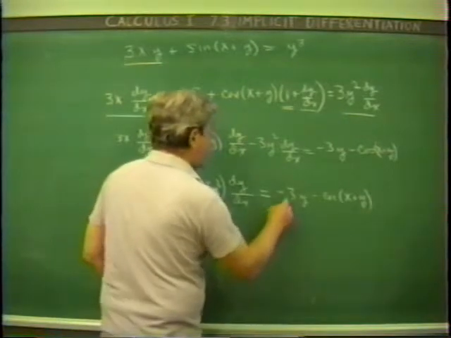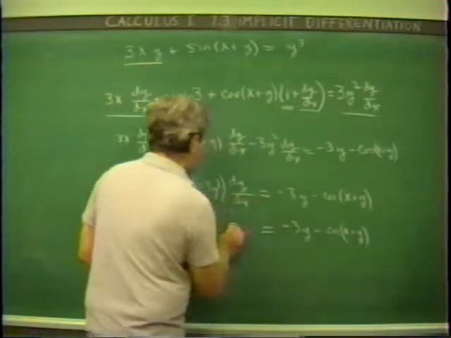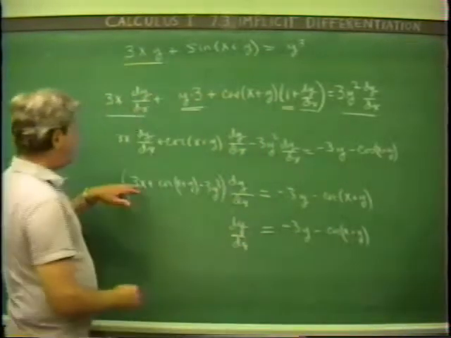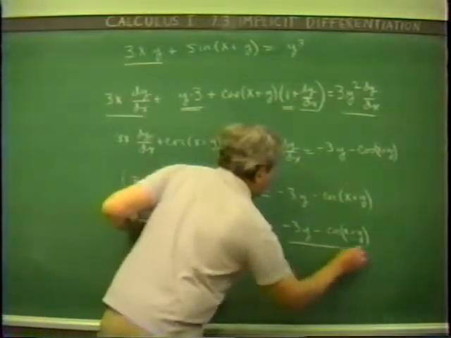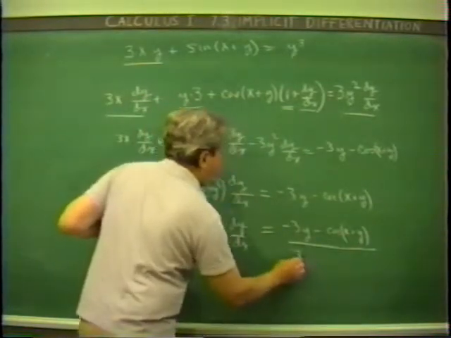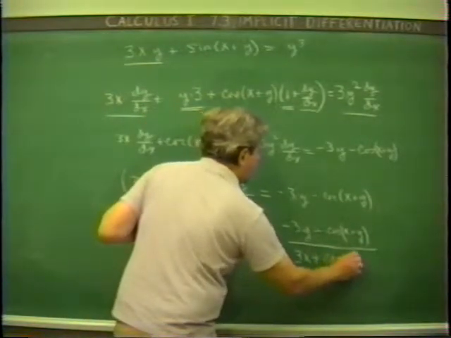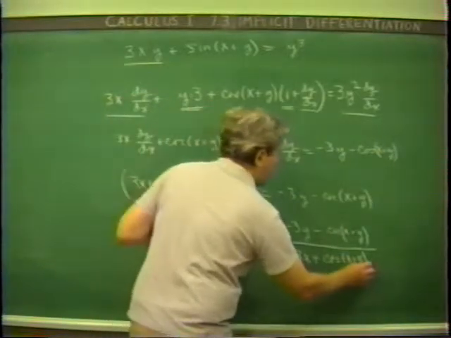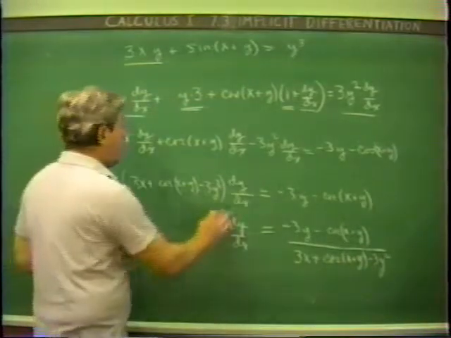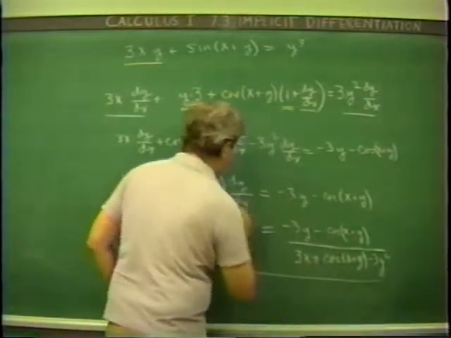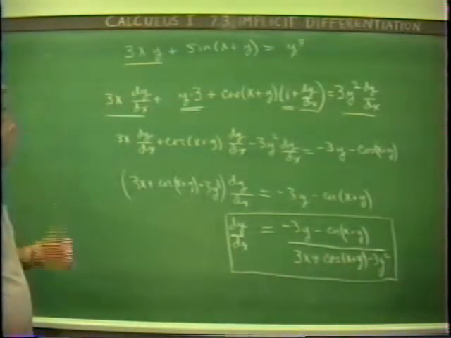One could save even more time if one had simply written minus 3y minus cosine of x plus y over here, and then dy dx, and as you collect the terms that multiply dy dx, instead of writing them in front, you're going to eventually divide by them, so you may as well write them underneath. So 3x plus cosine of x plus y minus 3y squared. So this then gives the derivative of y with respect to x as a function of x and y.